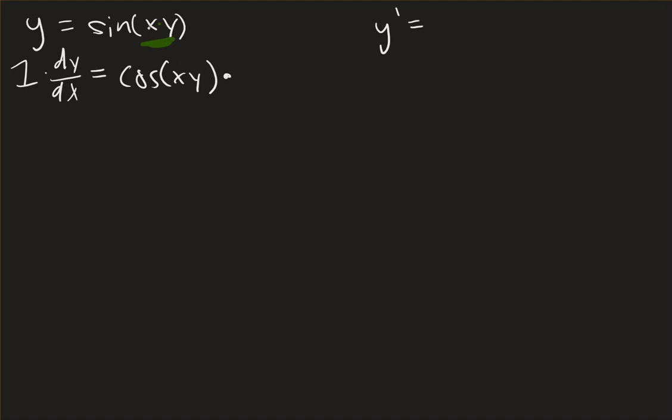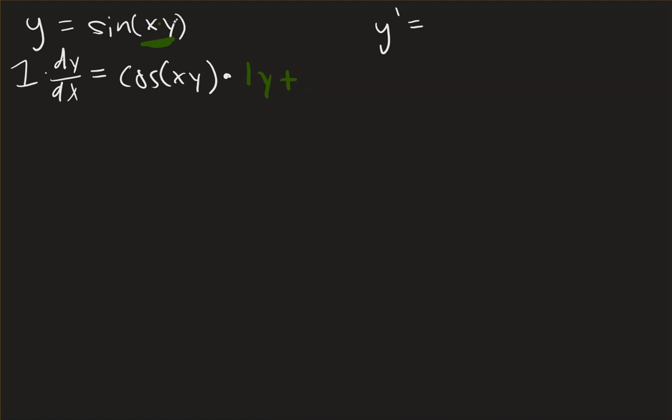So if I take the derivative of the first part, that would be 1, times the second part unchanged. And that was the derivative of x with respect to x, so I don't need a dy dx here.